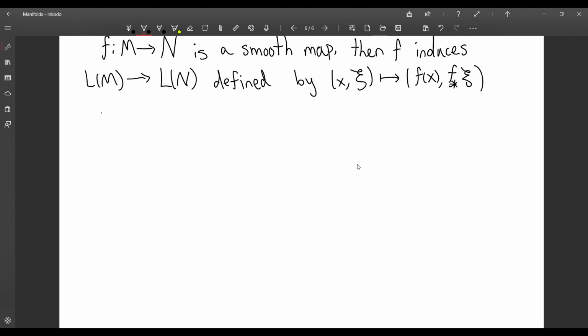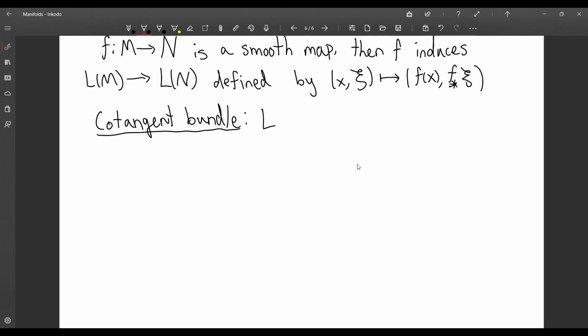There is also the cotangent bundle. I don't quite remember if I talked about the cotangent space. But essentially any vector space has a dual space, which is the space of linear functionals, or maps, from the tangent space to the scalar field. And that actually forms a vector space which is isomorphic in the finite case to the original vector space.